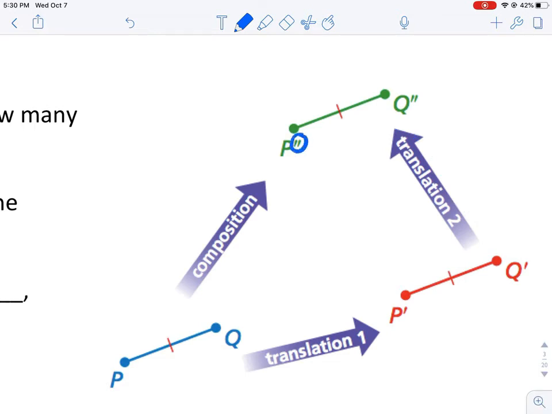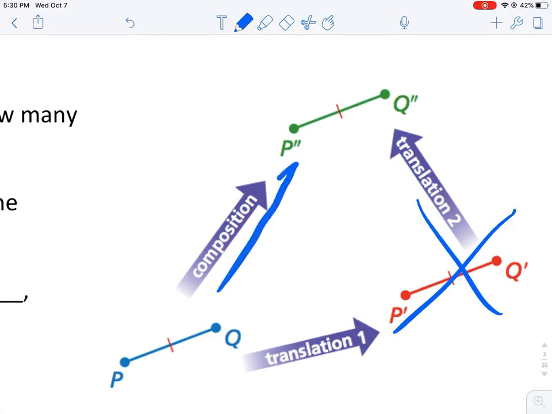You'll notice that that notation increased because we moved the original image a second time. But the composition theorem says instead of doing the work of moving it over here, we could have found a vector that just moved us from pre-image to image in one single move.